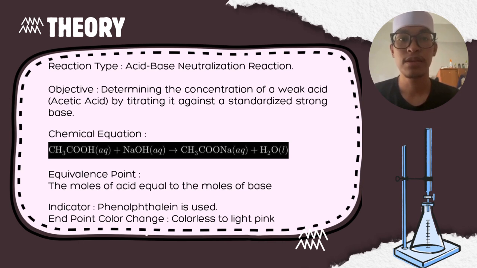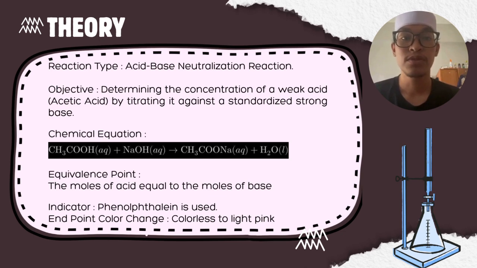This is a classic acid-base neutralization reaction governed by the chemical equation as shown in the slide. Our ultimate goal in the lab is to reach the equivalence point, which occurs when the moles of acid exactly equal the moles of base added.